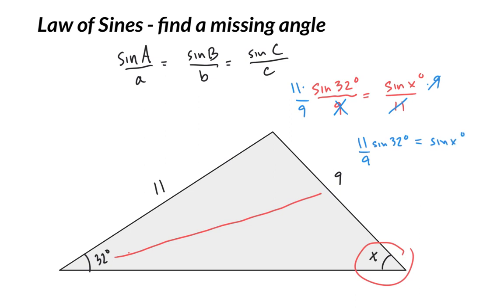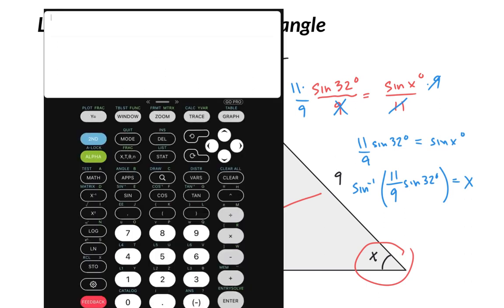Now, to get rid of a sine function, we use an inverse sine function. And that's on your calculator. I'll show you how to type that in. But essentially, then, we're going to take the inverse sine of our entire thing, and that's going to be equal to x. Let's type that in.